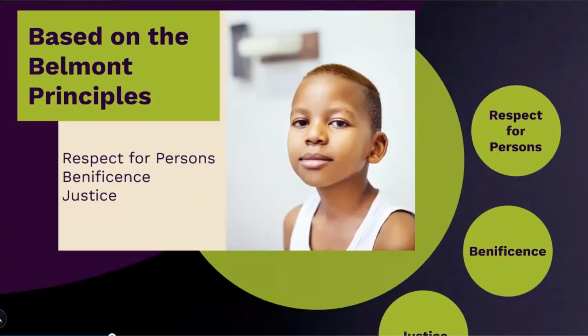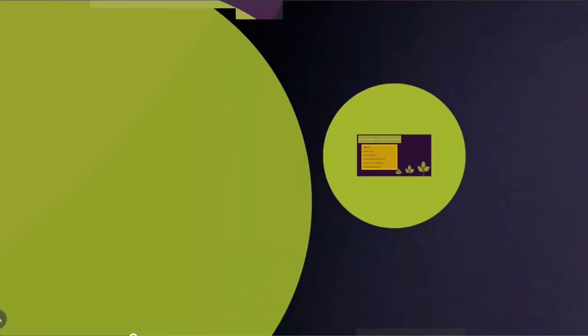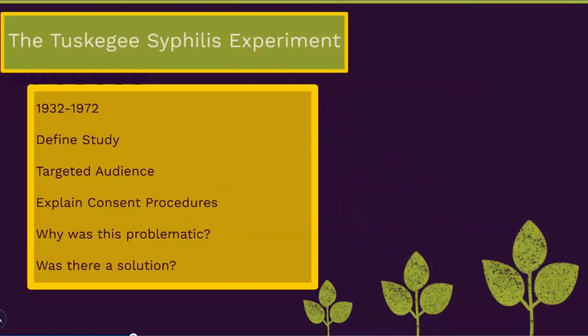So let's talk about the Belmont principles for a little bit. We didn't always have rules and regulations on human subjects research. The regulations kicked in in the late 1980s, I believe.